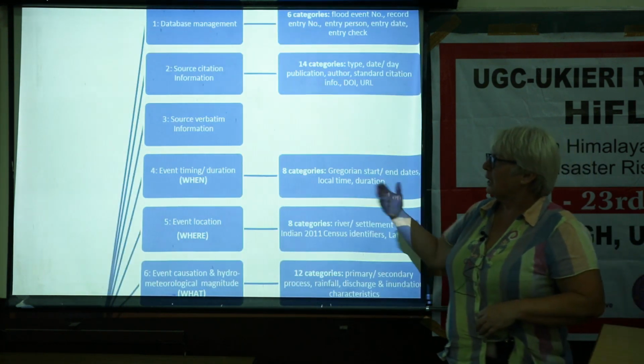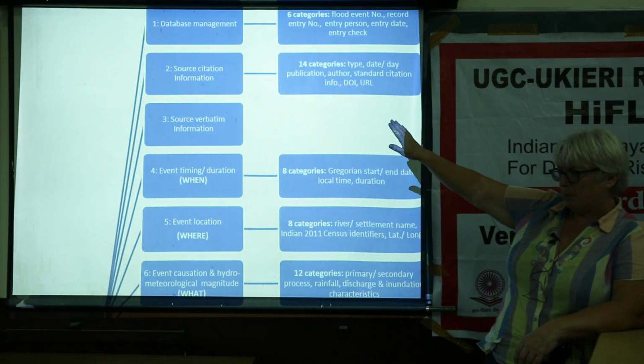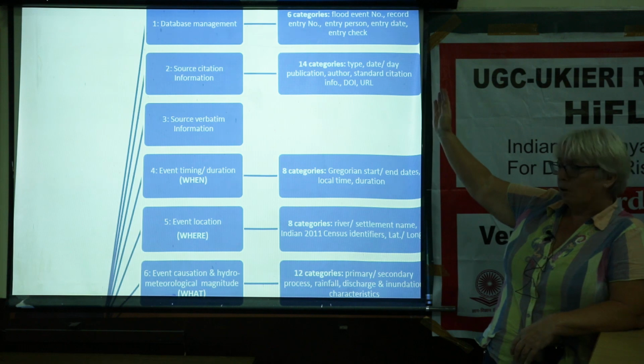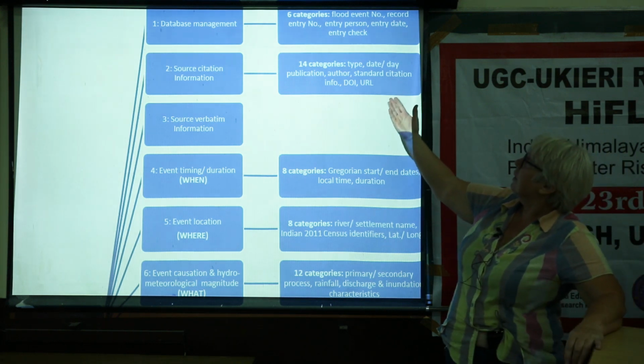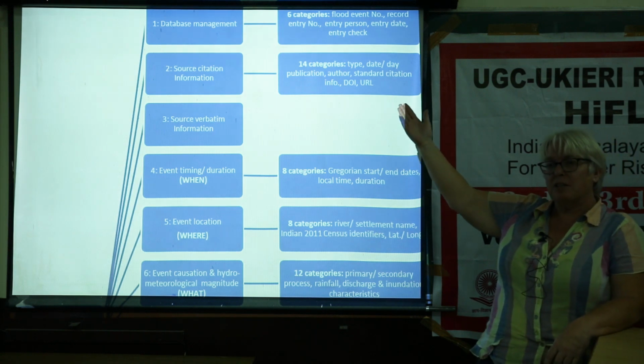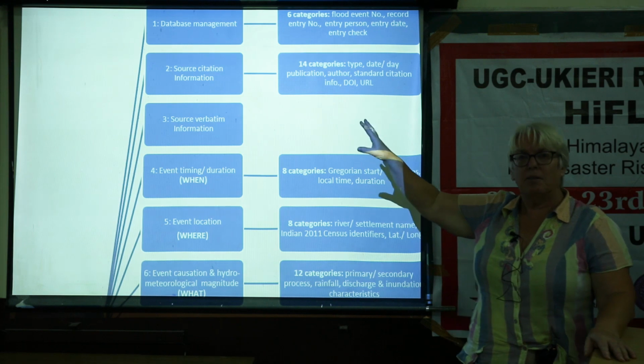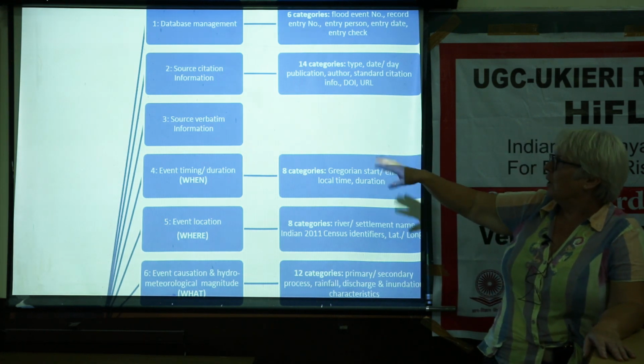Okay, so zooming in a little bit, we're looking at the database management, and there we've got things like the flood event, a record entry number, the person who entered it, when we entered it, so the metadata, if you like, surrounding the database population.